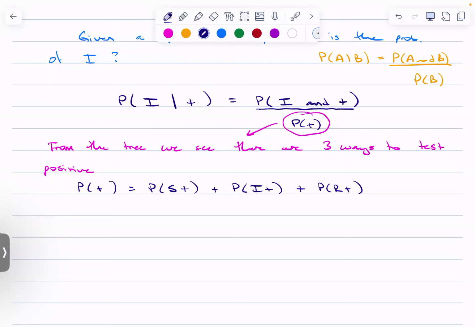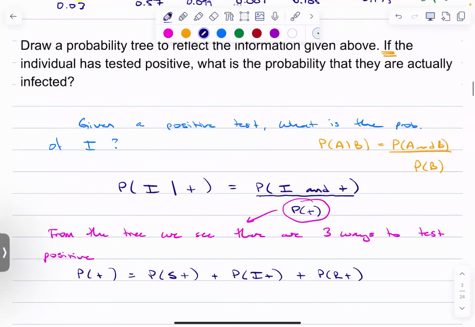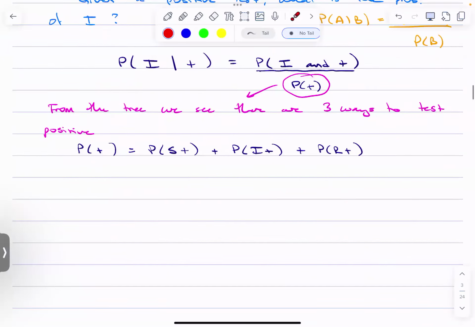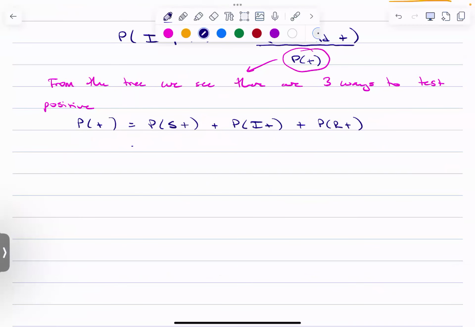You have these probabilities already in your tree diagram, so that means that you don't have to show the work, right? As long as you've shown me these probabilities at the end here, then I'm satisfied. So that's going to be 0.03 plus 0.099 plus 0.105.